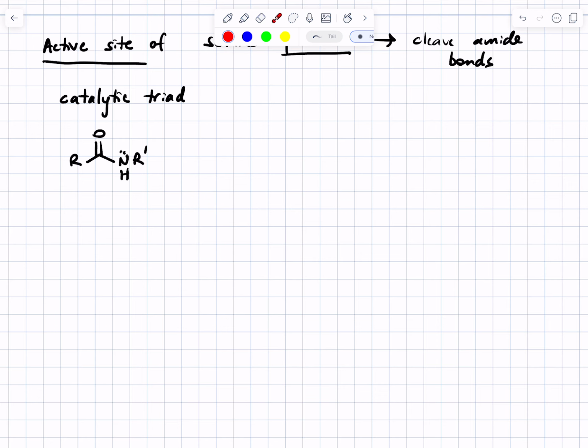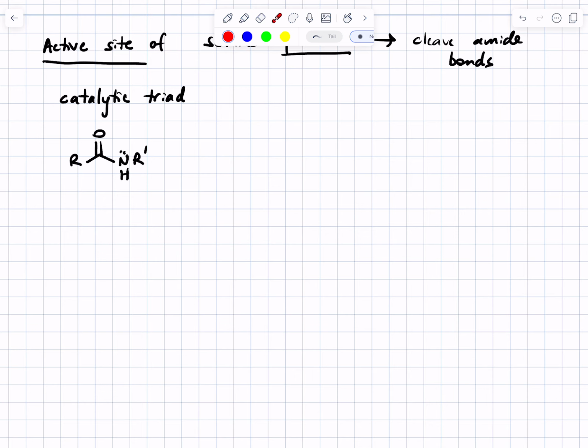We have learned before in chapter 16 how to hydrolyze amides, but you had to cook them in either really strong base, OH minus, or really strong acid, H3O plus. And even then, the reaction is pretty slow. You can tell that the reaction is pretty slow because your cells and your body are full and made of a lot of proteins, and the amide bonds are not being rapidly hydrolyzed, at least not in an uncontrolled fashion.